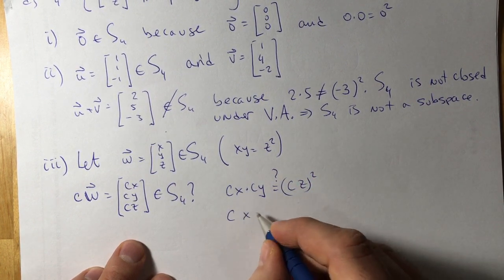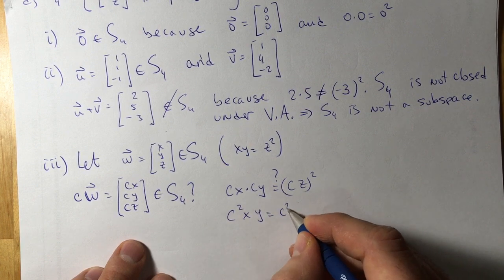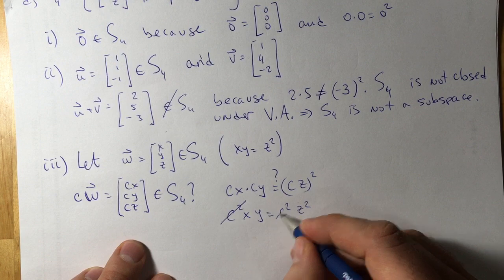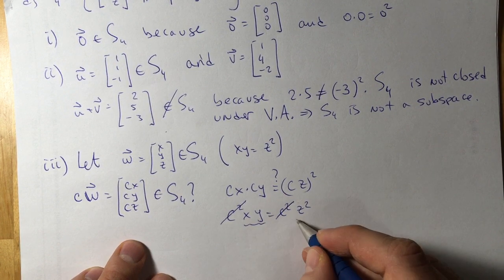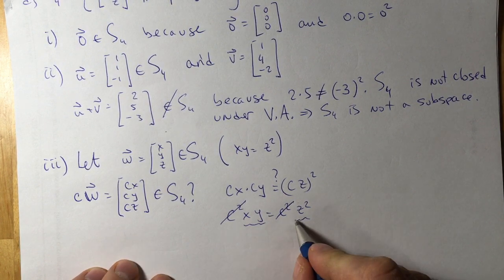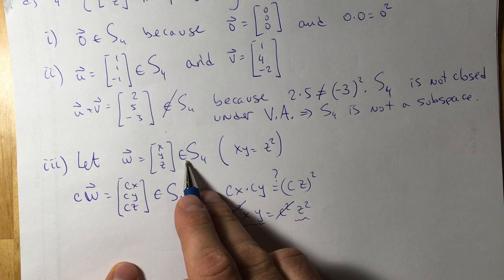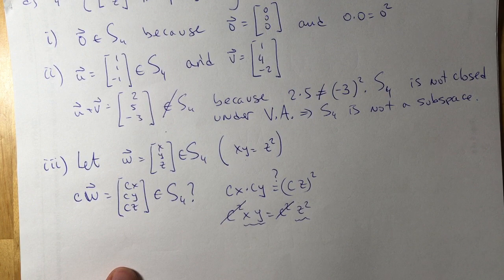Well, this is C squared xy is equal to C squared z squared. And since I can cancel this, I come to xy is equal to z squared, but that holds, that's true from here, because w was taken from S4.